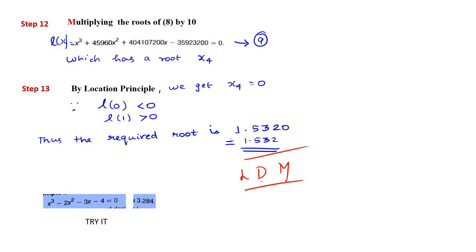It will be a big number. So patience is needed when you attempt a problem under Horner's method in the examination. You need patience. So as homework we can call, you have this equation. The answer for this is 3.284.